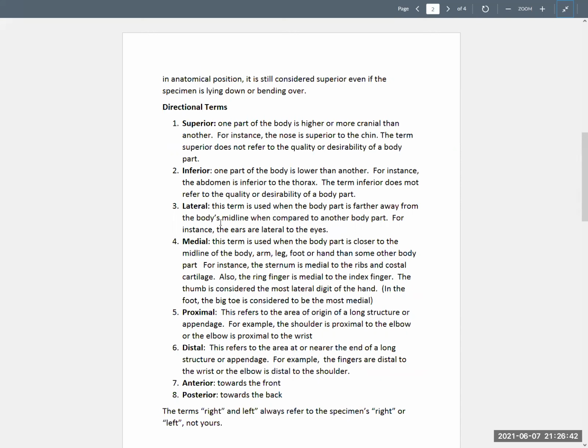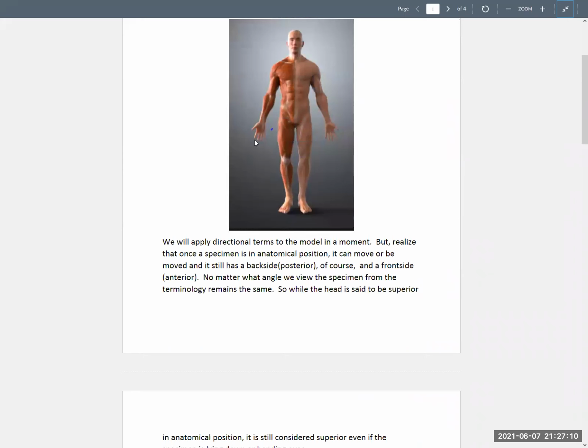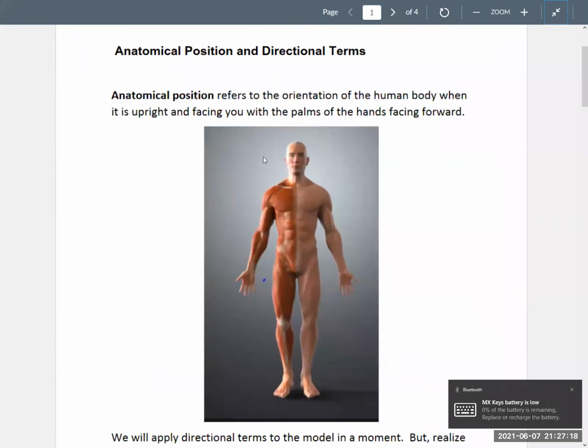Your shoulders, just to use a common term here, your shoulders are lateral to your sternum or breastbone. If you look at the anatomical position again in the hand, which digit is most lateral? The thumb. The thumb is the most lateral, right?